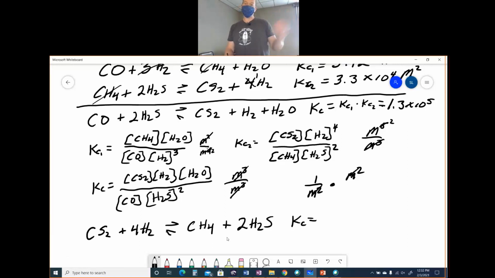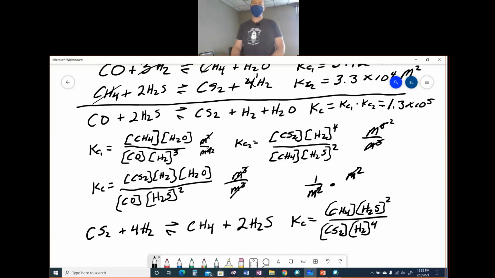The best way to see what is happening is to write the expression for Kc. The expression for the Kc for this reaction is CH4 concentration, H2S concentration squared, over CS2 concentration, H2 concentration raised to the fourth.